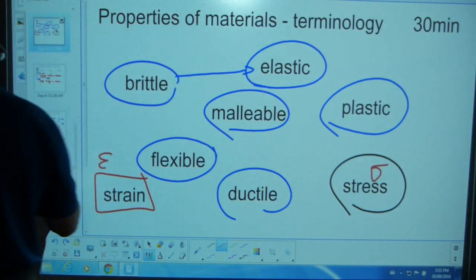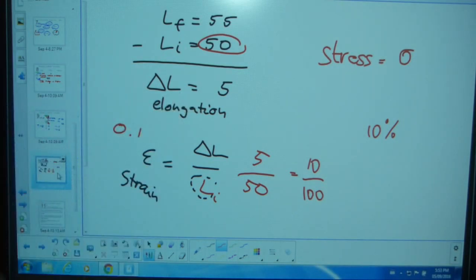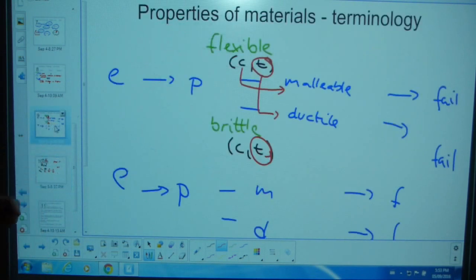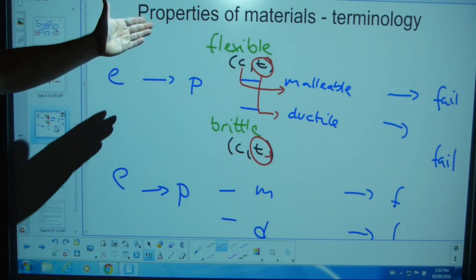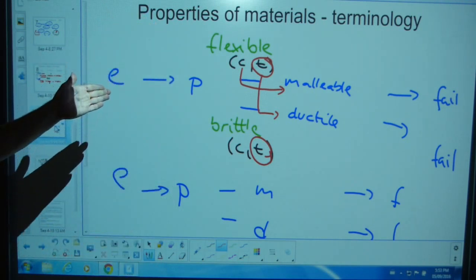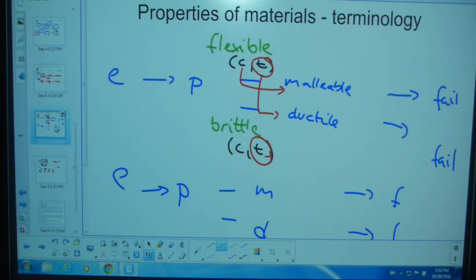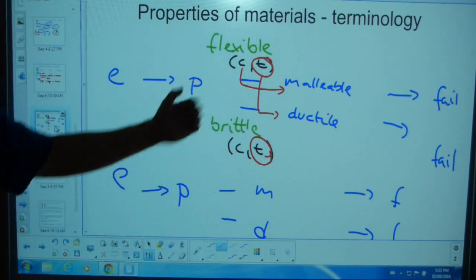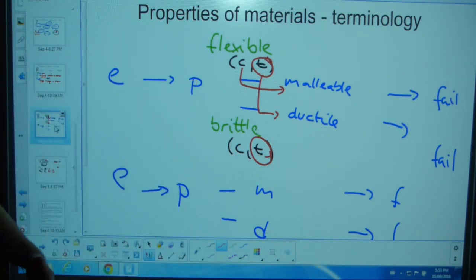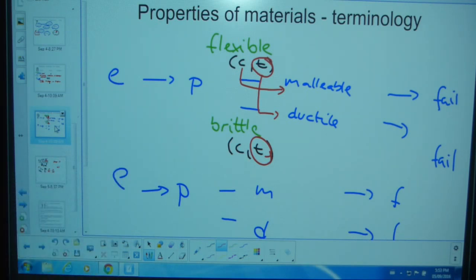The material elongates and strains and elongates more and more, and then it fails. So that's the journey that the material makes, and along the journey it can be flexible, it can be brittle, it can be in the elastic range, it could be found in its plastic range. The plastic deformation could be brought on by ductile forces or by malleable forces, and if those forces keep increasing, material will fail. That's where its journey ends.